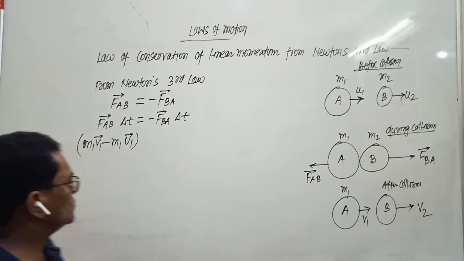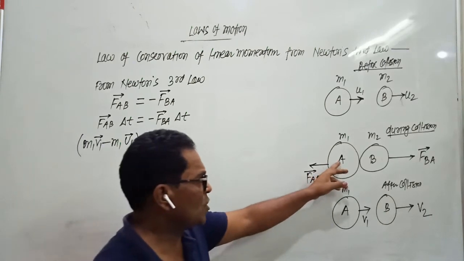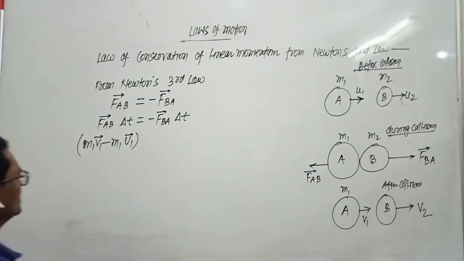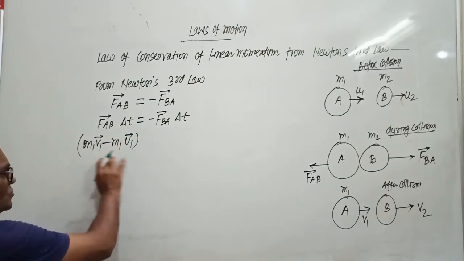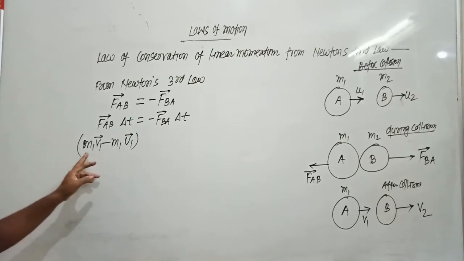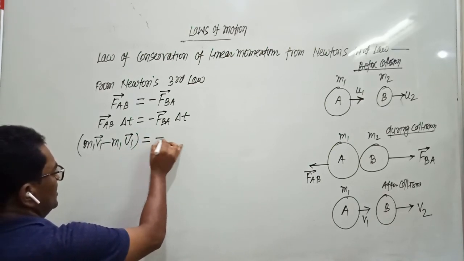So FAB means the force acting on body A due to body B. That impulse is equal to the change in momentum of body A, and change in momentum is final momentum minus initial momentum. m1 v1 minus m1 u1 equals minus FBA.